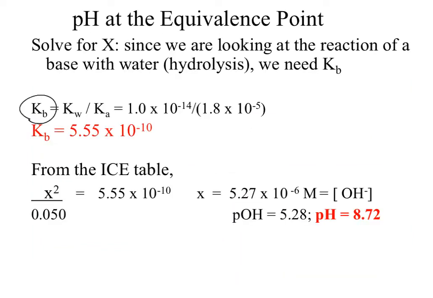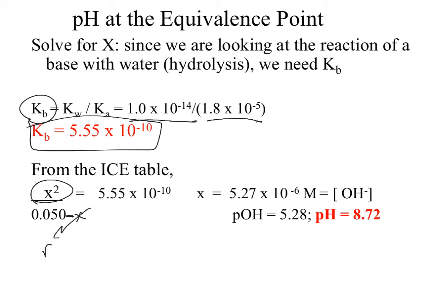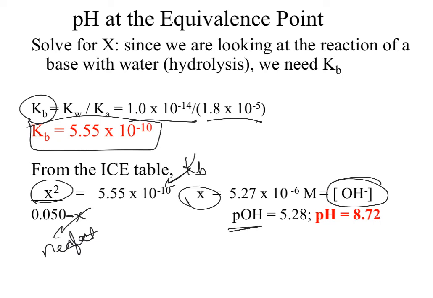So calculating Kb, again, it's 1 times 10 to the minus 14 divided by Ka. Of course Kb is very, very small, which means it's very safe to neglect X. So putting in the equilibrium values from our ICE table, we've neglected X, remember, and setting them equal to Kb, not Ka, we solve for X. Remember, X for a base is hydroxide concentration, so you have to find the pOH first, and then 14 minus pOH is going to give you pH.